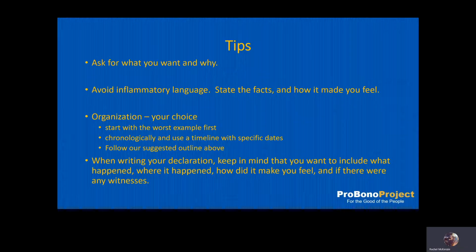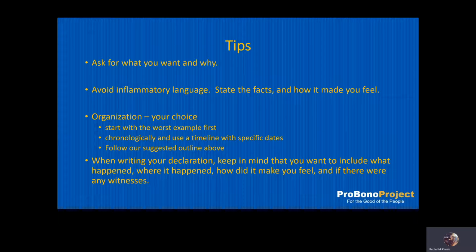Some tips to think about is that you continually want to remember to ask for what you want and to tell them why. You want to make sure it's clear to the judge that this is what you want. I want protection and this is why. You want to avoid what the law calls inflammatory language. In other words, you just want to state the truth and how it made you feel.